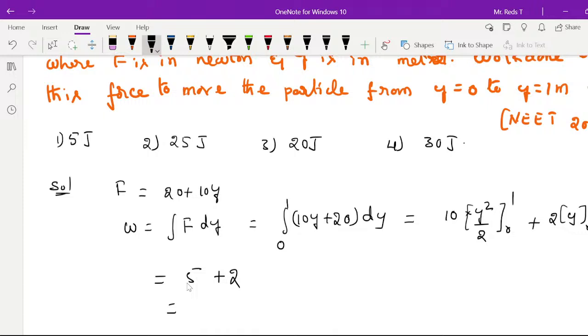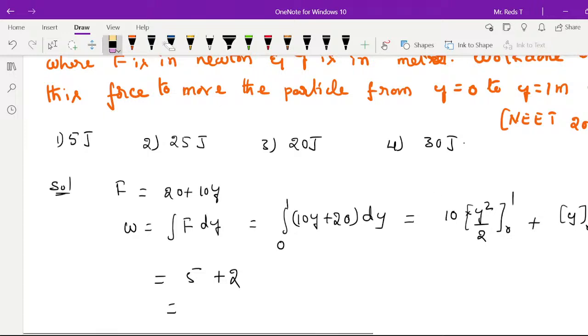Take it properly. Oh sorry, it is 20y, so 10y plus 20 here, right? So this is 20. We made a small mistake here.